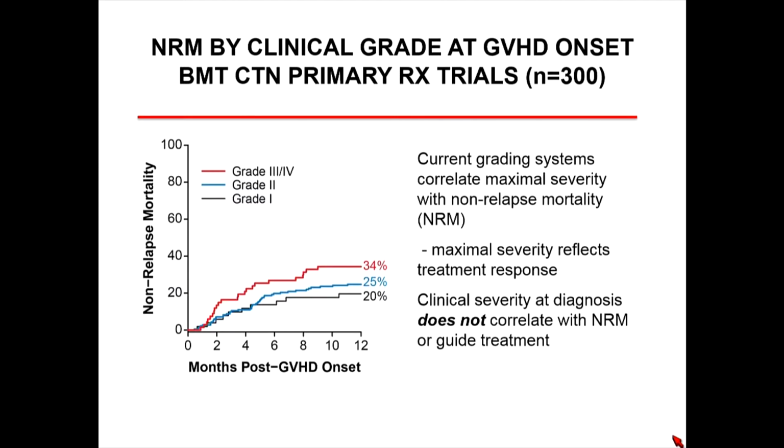And essentially those grades are not significantly different from each other, and this reproduces data from many studies that show that the clinical severity of diagnosis does not correlate with NRM and often does not guide treatment.